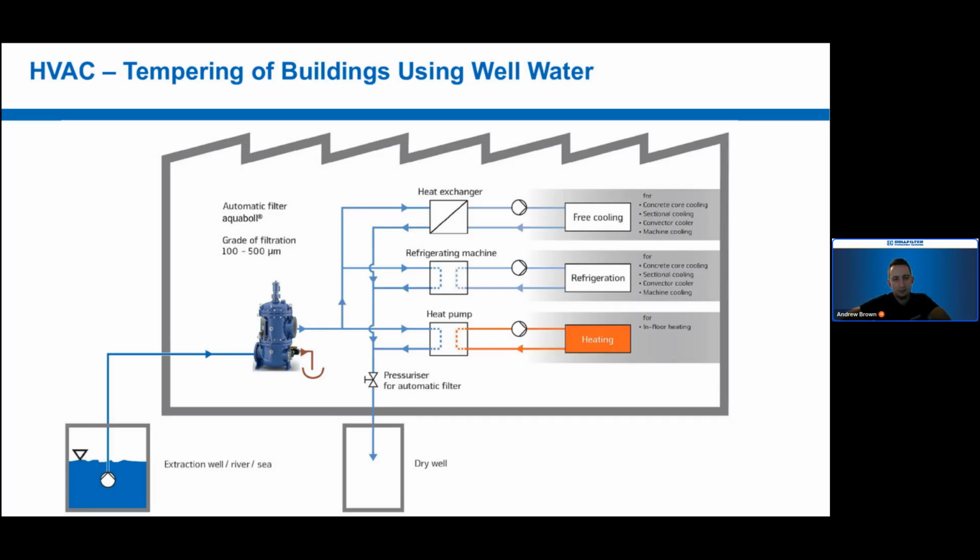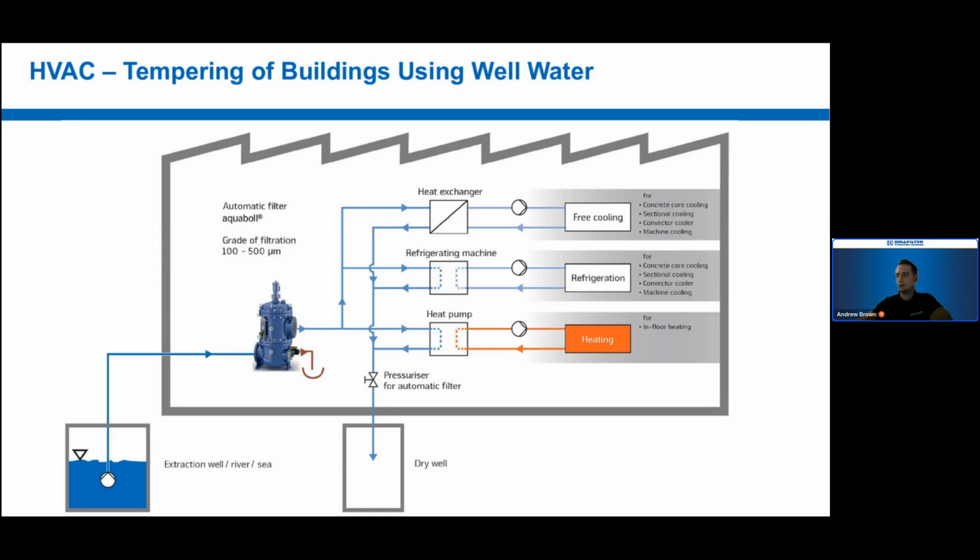So you have heat exchangers or heat pumps, and the grade of filtration typically between 100 and 500 micron, although that really depends on the advice that we get from the manufacturers of that downstream equipment. So when we work with clients, we'll have a bit of a three-way conversation with the manufacturers of the equipment just to determine that the solution that we are offering is suitable for that equipment.